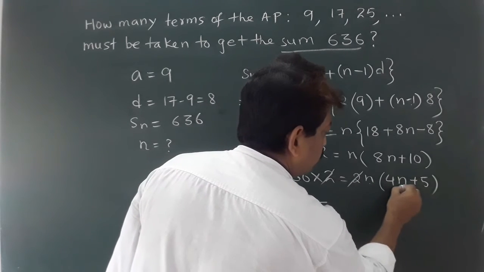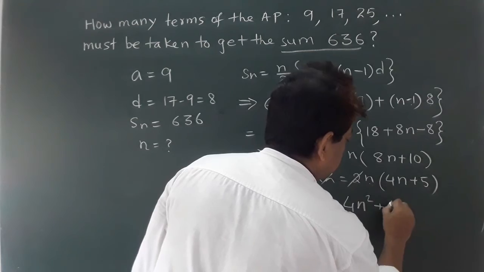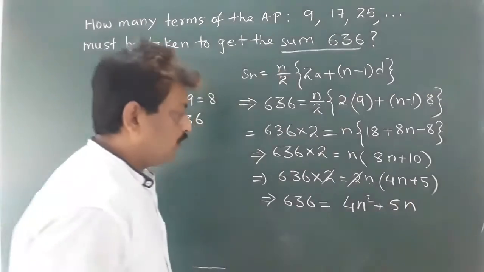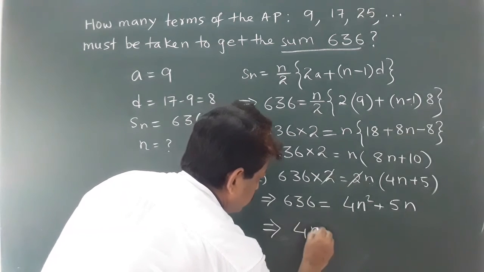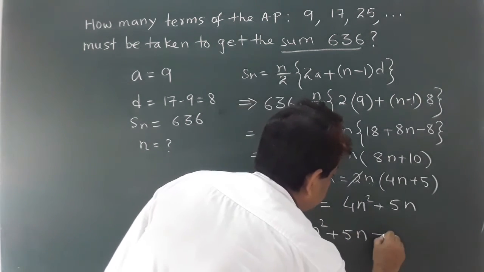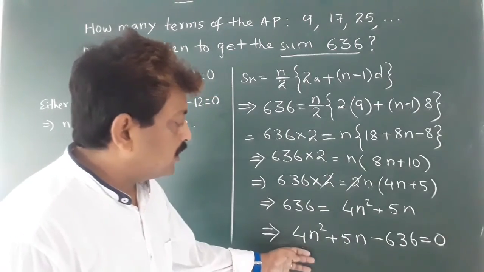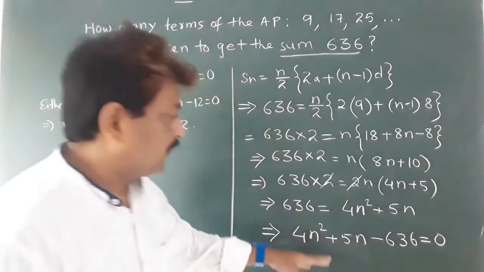So n into 4n is 4n square plus n into 5 is 5n. So this 4n square plus 5n minus 636. For this quadratic equation, 4n square plus 5n minus 636 equals 0.